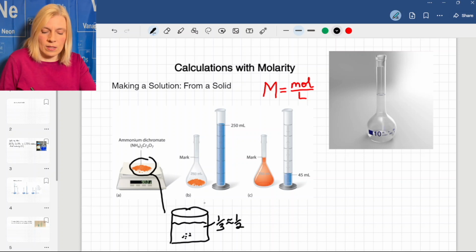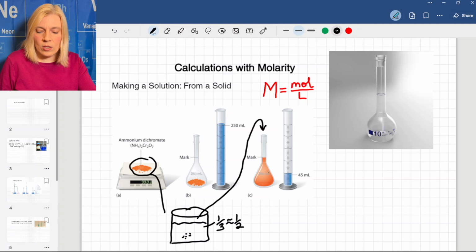And then when it's dissolved, you will pour it into the volumetric flask. And then you will add the rest of the water slowly. You will add the water just below the neck, and you can use a graduated cylinder to do that. And then slowly with an eyedropper, you will add to the very, very end.